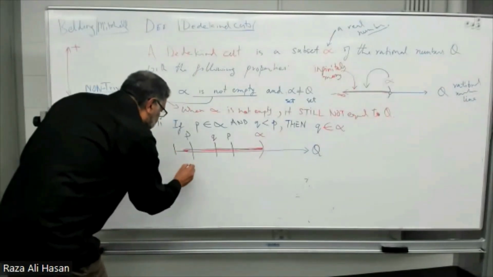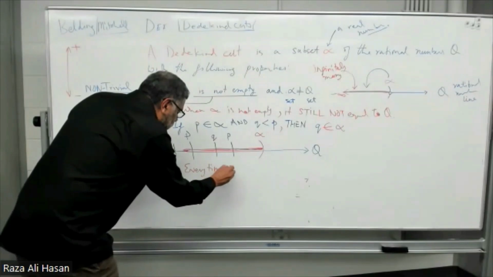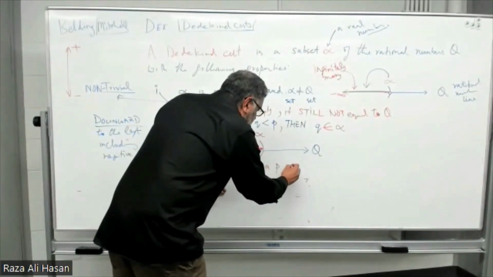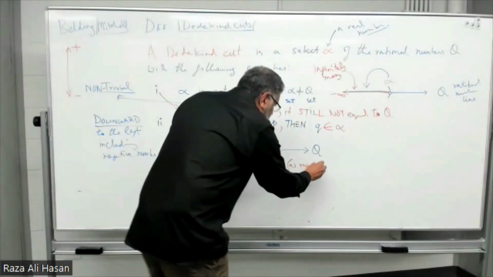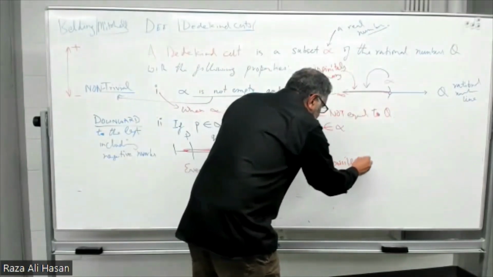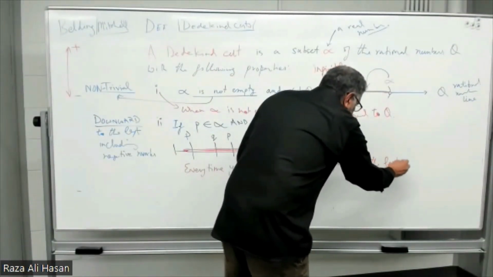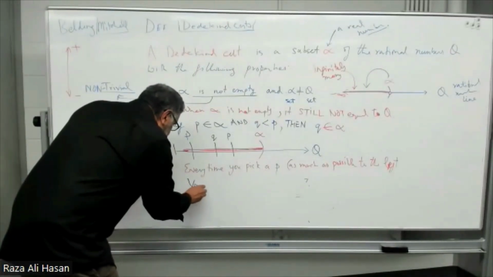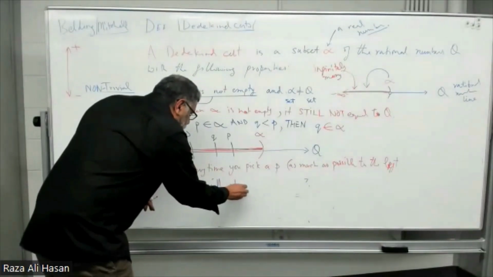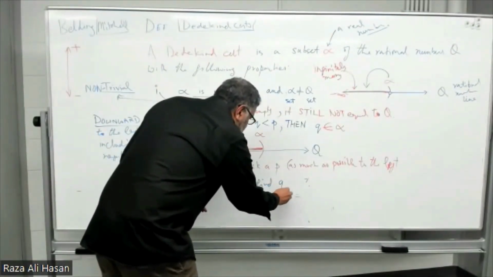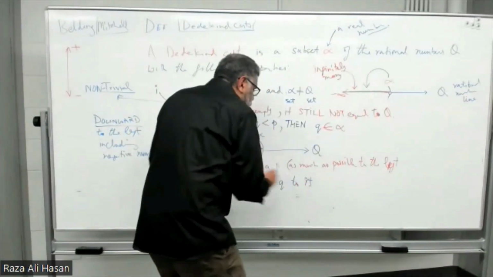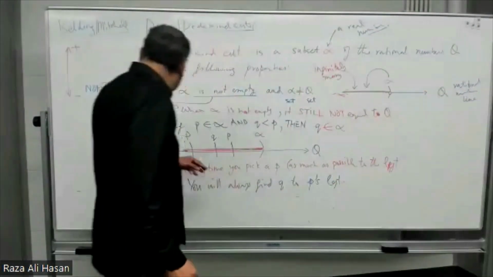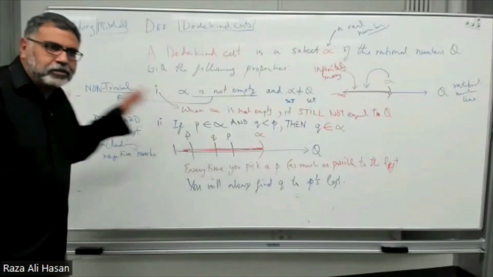Every time you pick a P as much as possible to the left, you will always find a Q to P's left, which basically means that the subset contains every number to the left.